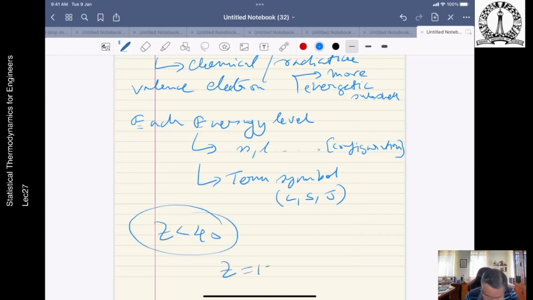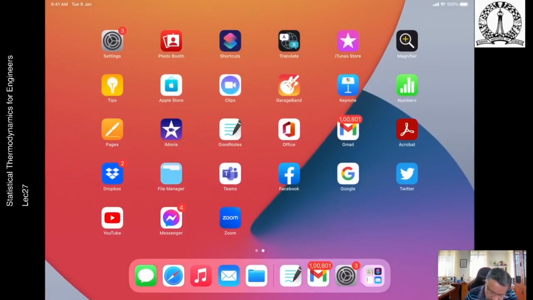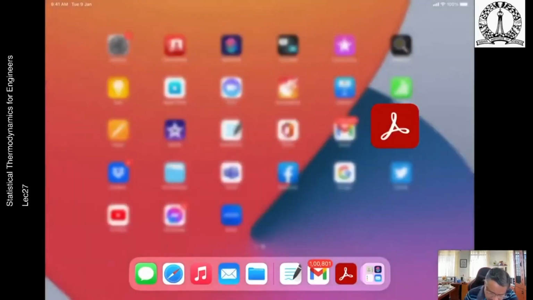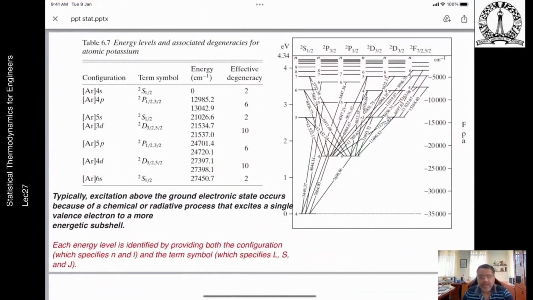Let's take Z equal to 19, which is basically nothing but potassium. Let us look at how the energy actually looks. The energy for potassium is written in this particular fashion.